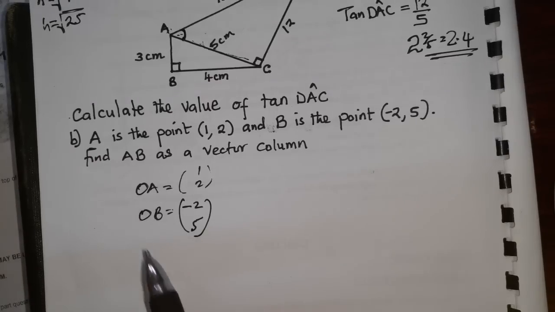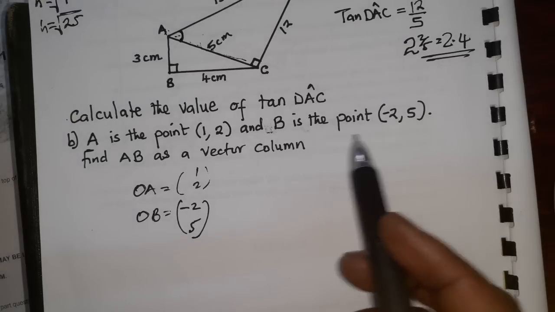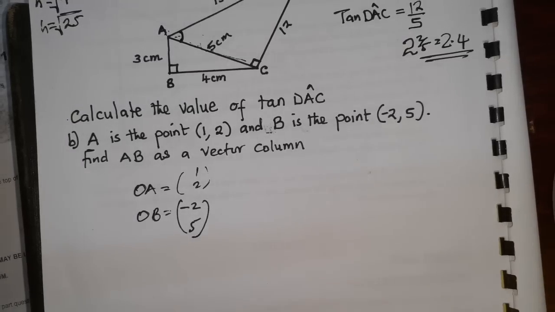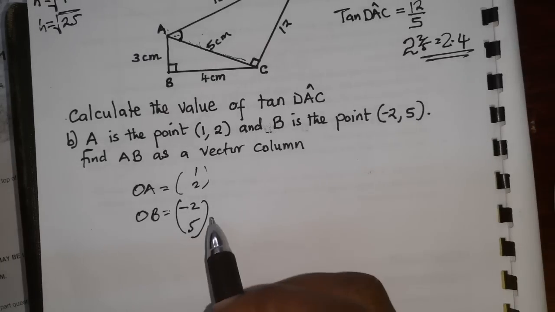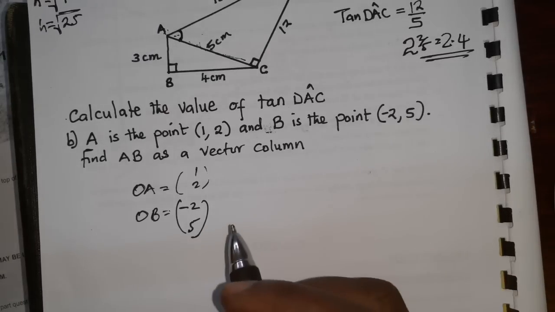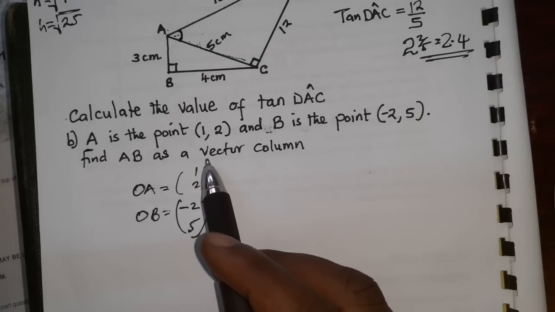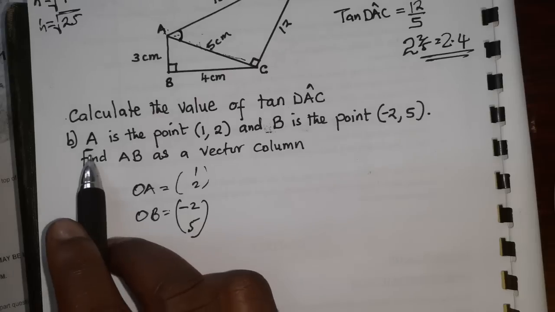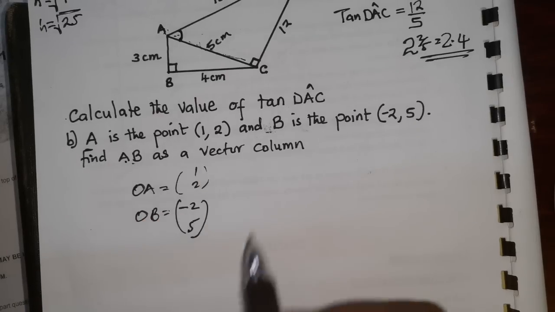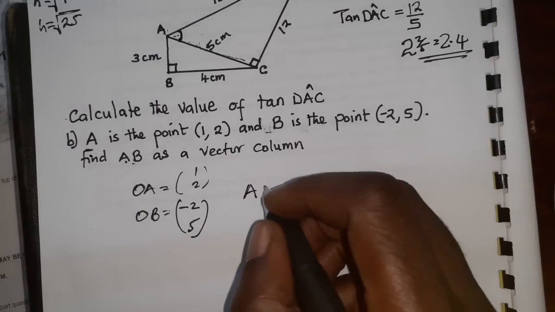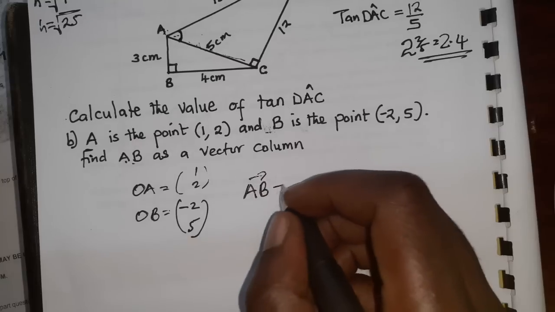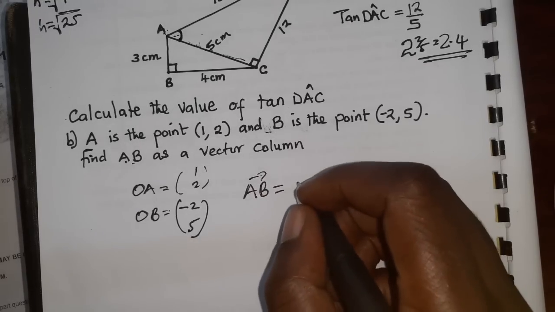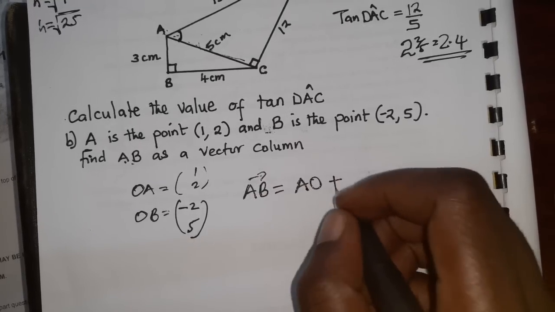I've written them in terms of vectors, because if we are using them as position vectors. Now when we say find AB as a column vector, AB is equal to AO plus OB.